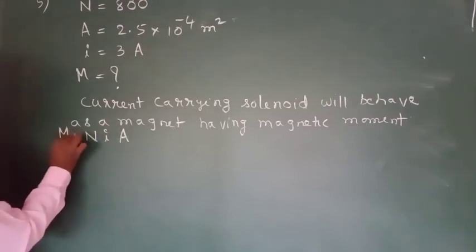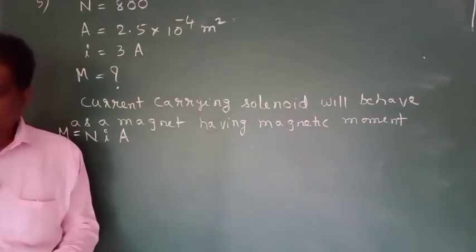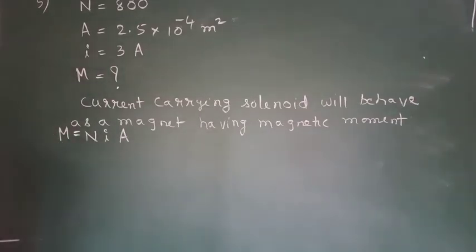Magnetic moment M is equal to NIA. Direct substitution, NIA values are given, just substitute those values.